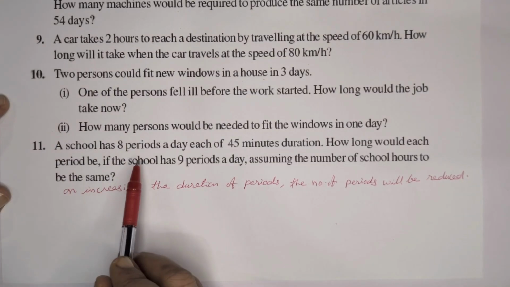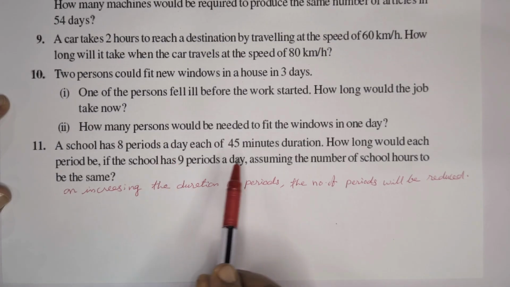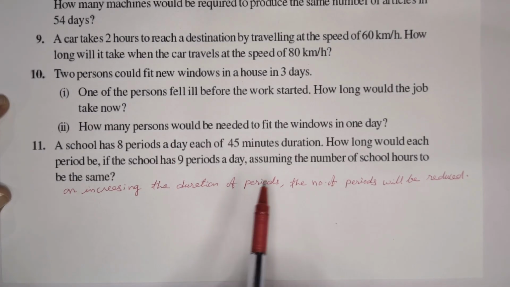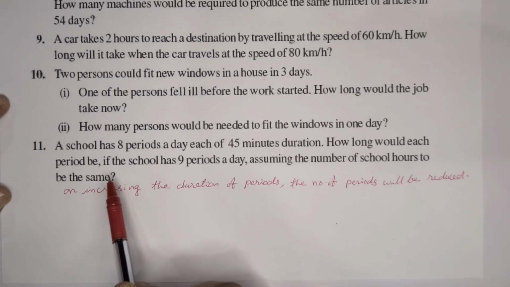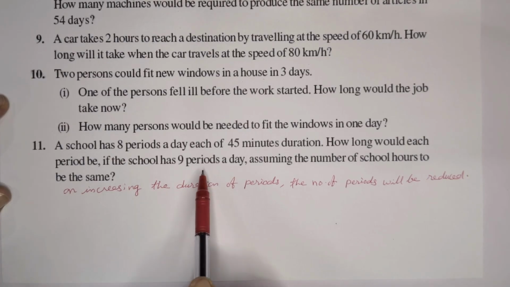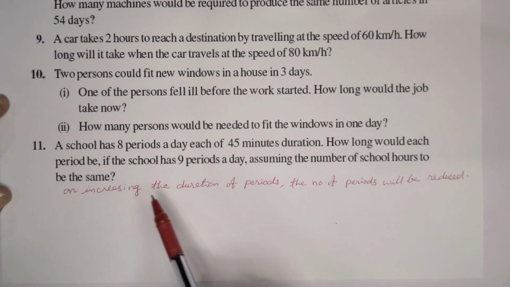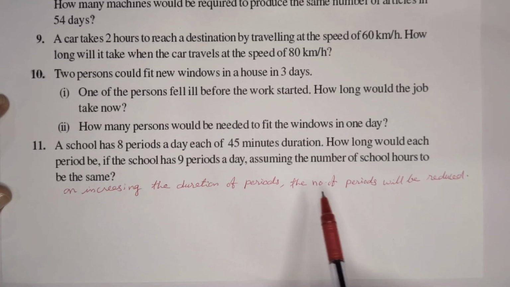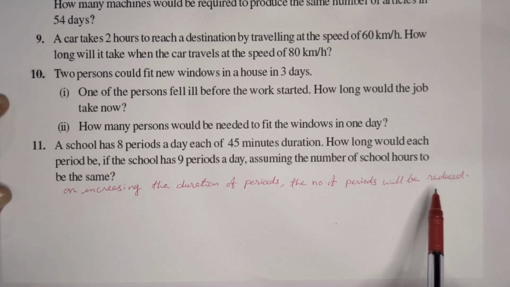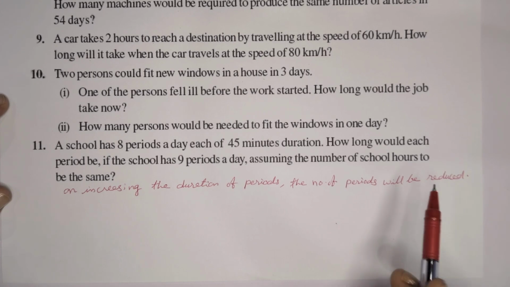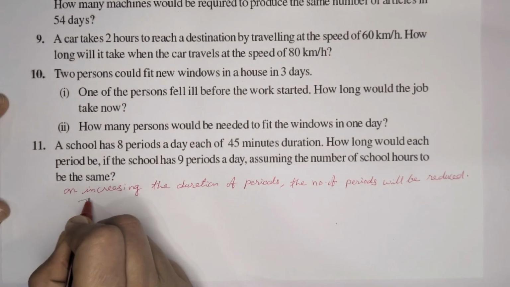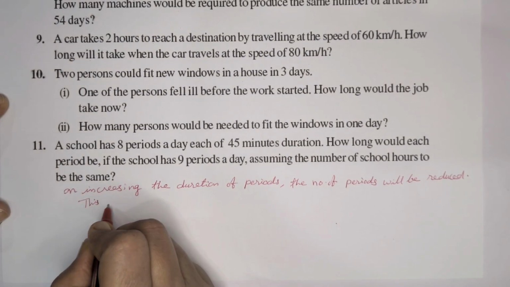11th question, a school has 8 periods a day, each of 45 minutes duration. How long would each period be if the school has 9 periods a day, assuming the number of school hours to be the same? So increasing the duration of the period, then the number of periods will be reduced. So we can write this is in inverse proportion.